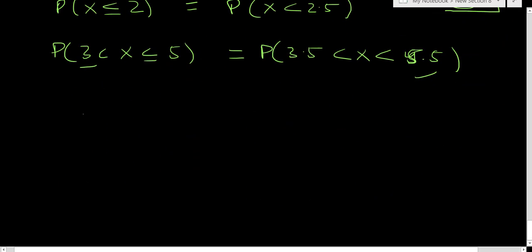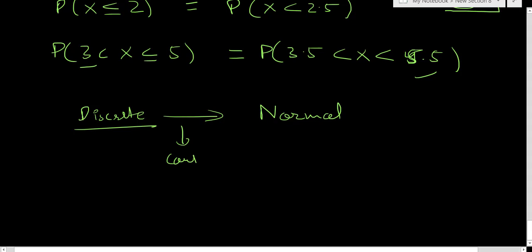So whenever you are converting a discrete distribution, and remember this, the initial distribution should be a discrete one, into a normal approximation, you need to apply continuity correction.